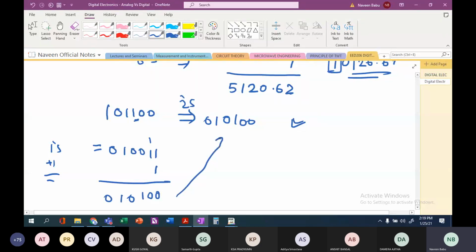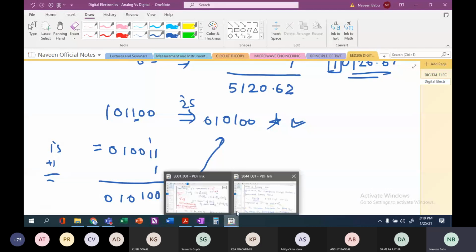Are these two numbers the same? Both are the same, right? So this is a shortcut which you can follow to find the 2's complement. Else you can always follow the standard method, that is take the 1's complement and add 1 to it.